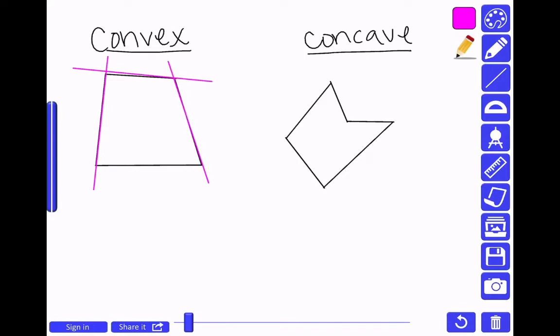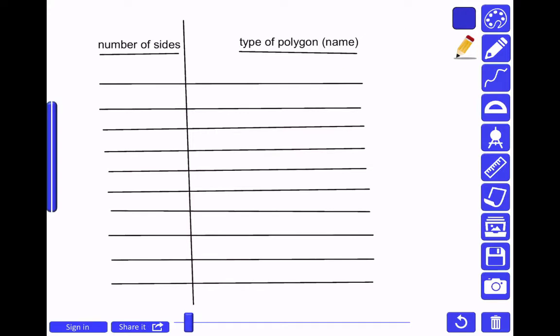None of these sides intersect on the interior. But when I do that over here, they do go through the interior. So this is the issue, because those sides, when I extend the line, it passes through the interior, which makes it concave.